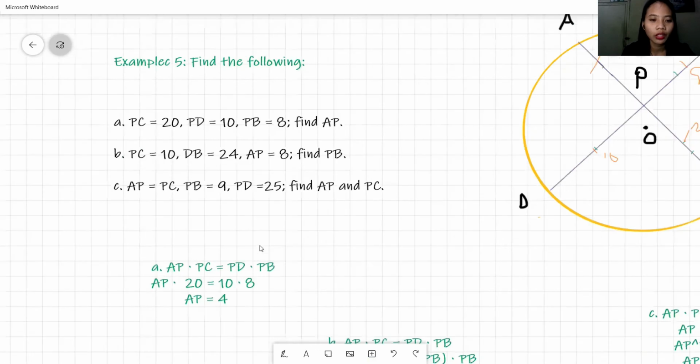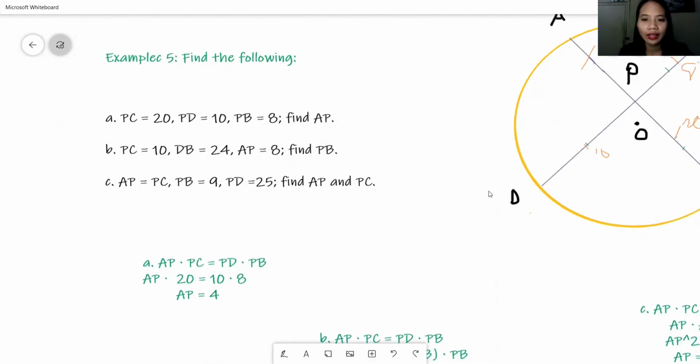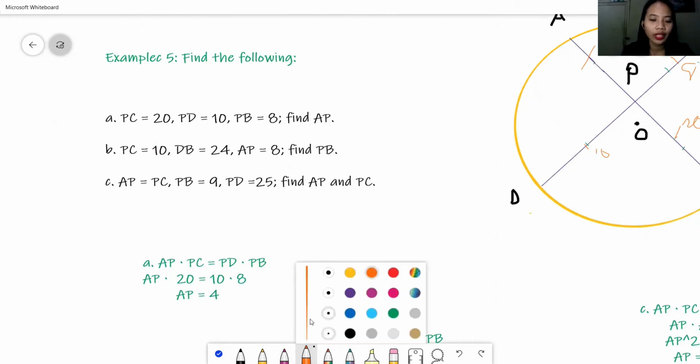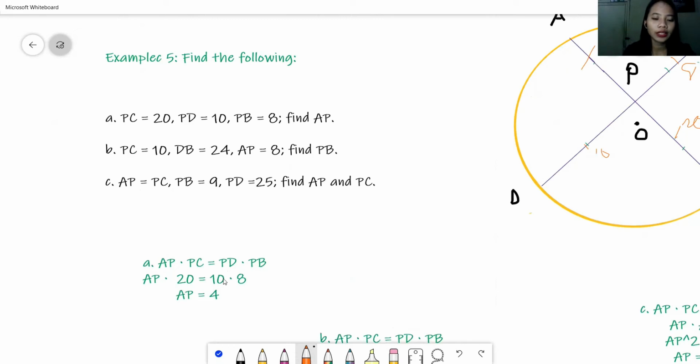Since we already have the value of PC, which is 20, and the value of PD, which is 10, times the value of PB, which is 8, AP times 20 is equal to 10 times 8. So 10 times 8 is 80, divided by 20 is equal to 4. So our AP is 4.